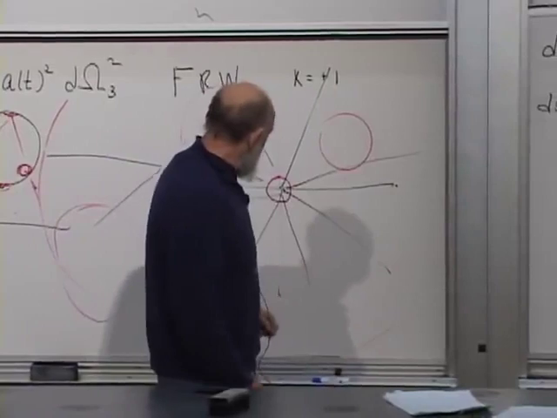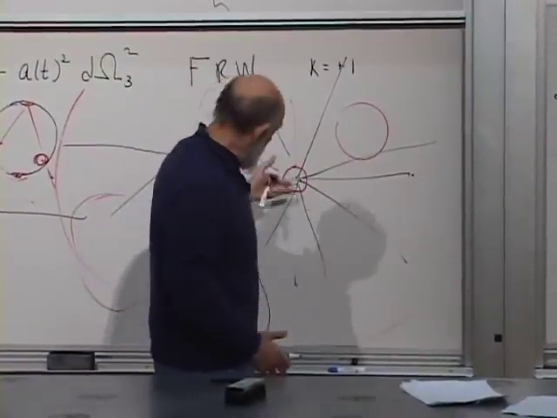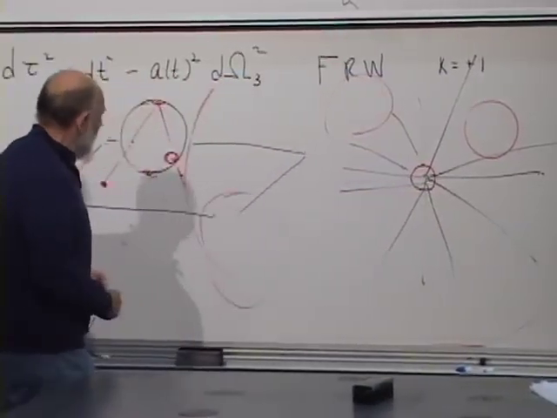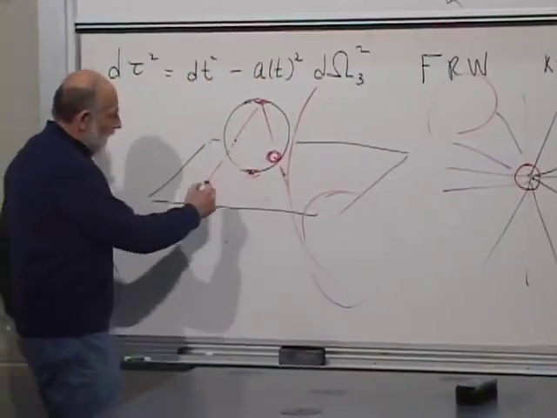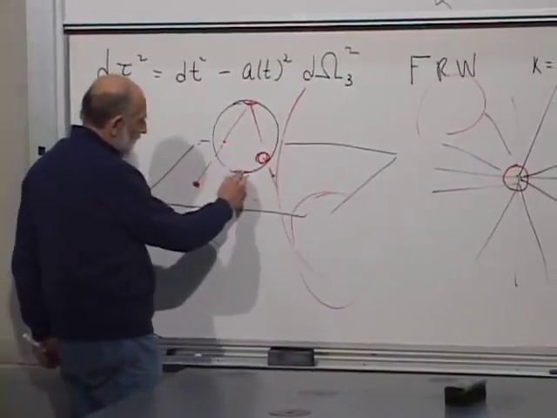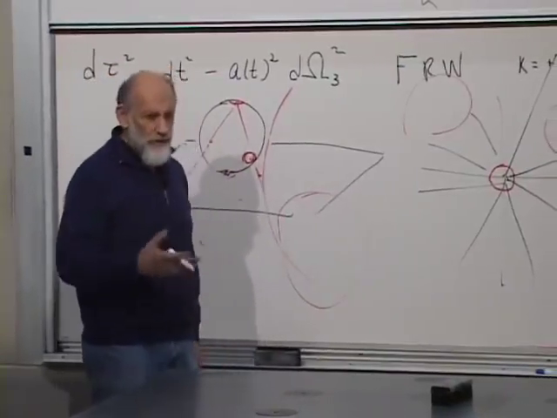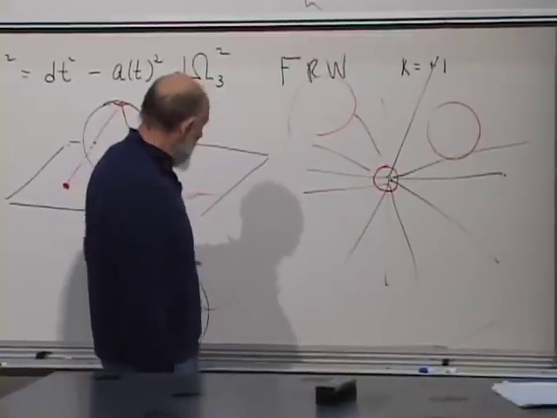Compared with flat space, this object will look too big to us. Right? What's actually happening is that the sum of the angles of a triangle is bigger than 180 degrees on a curved surface like this.